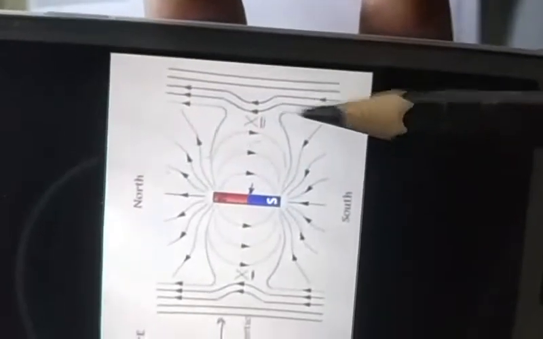In the southern hemisphere, inside the earth, the magnet's north pole is present downwards, that's why every time it goes from the southern to the northern hemisphere.